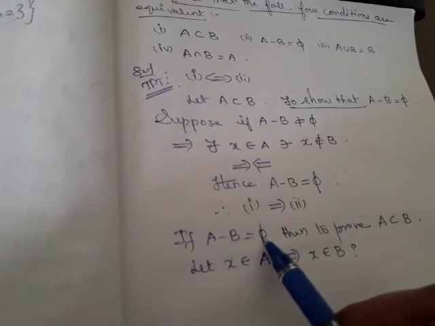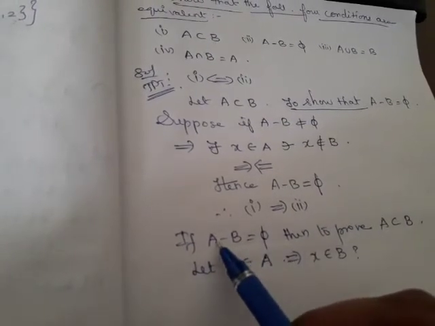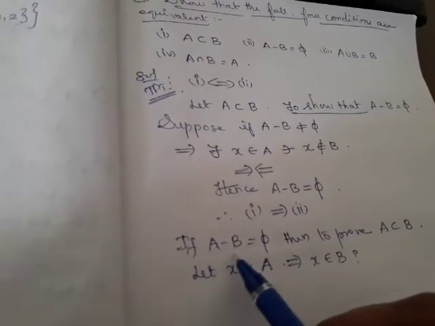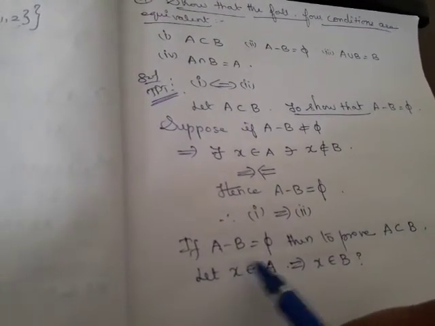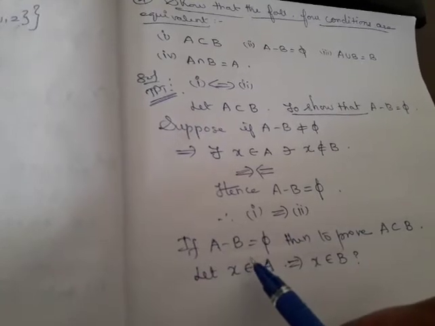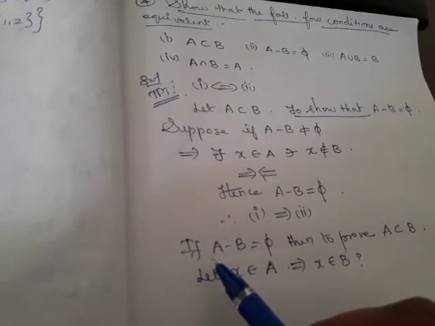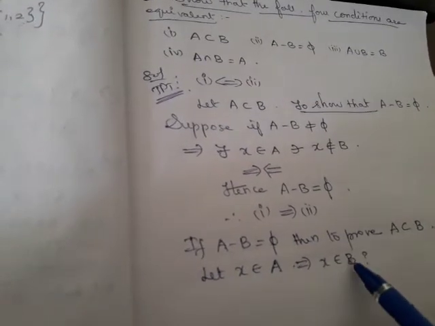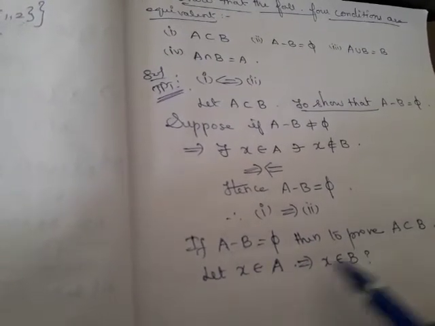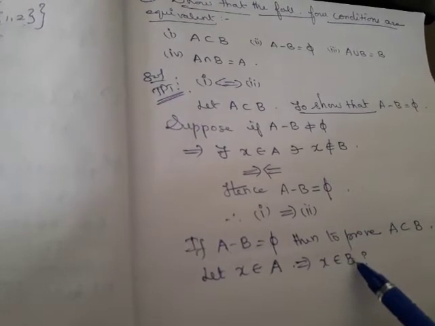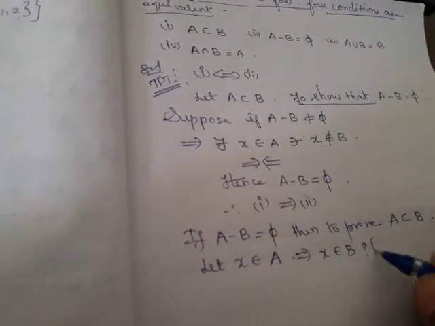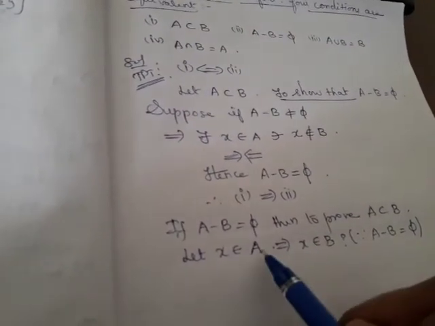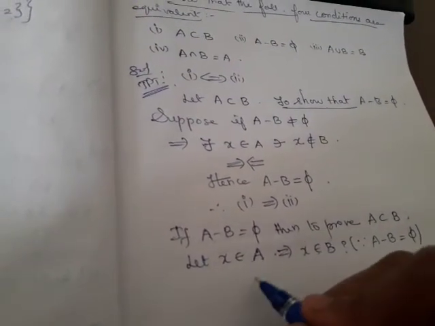A minus B empty means what? There is no element in A which is not there in B. Because the definition of A minus B says we will leave the element common in A and B and we will write the remaining elements in A, right? Here A minus B is empty. So automatically, if any element is in A, that element will also be in B. So if an element in A is also there in B, it implies what?